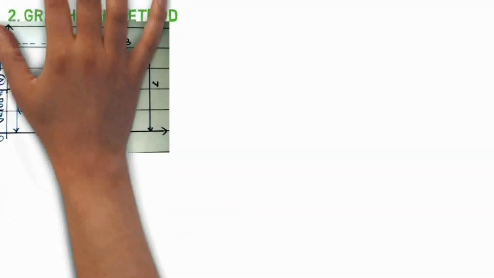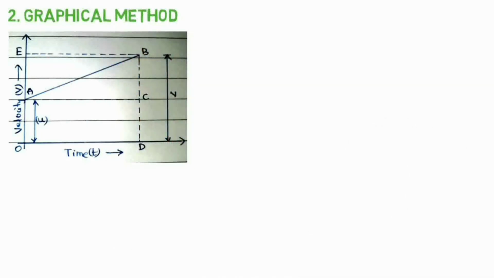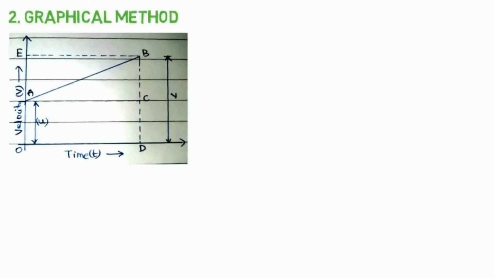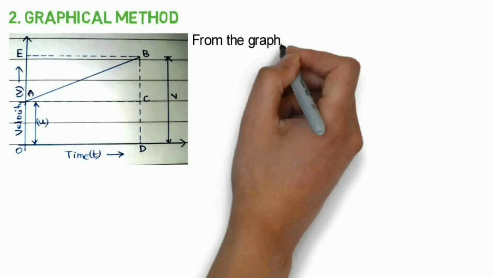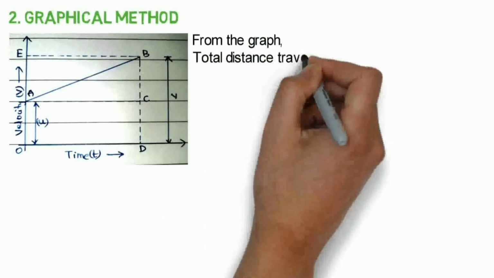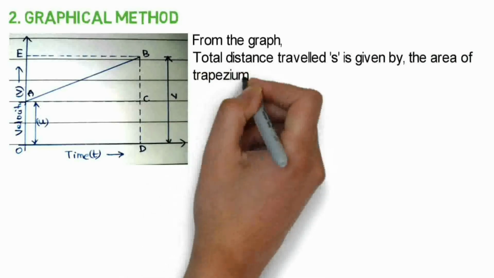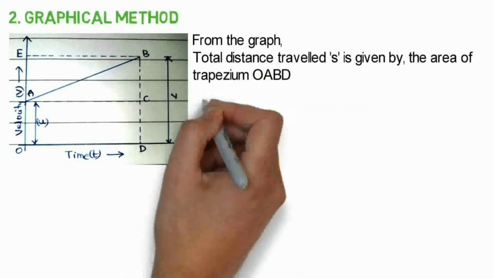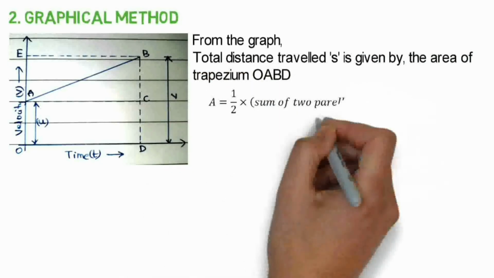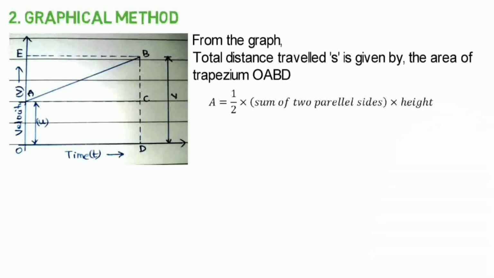In this graphical method, we will consider the same graph as we considered in the previous video. From the graph, we know that the total distance travelled S is given by the area of trapezium OABD. We know that the area of a trapezium is half into the sum of two parallel sides into height.